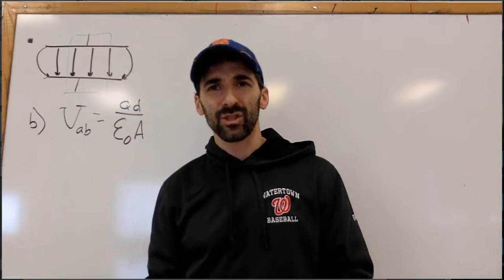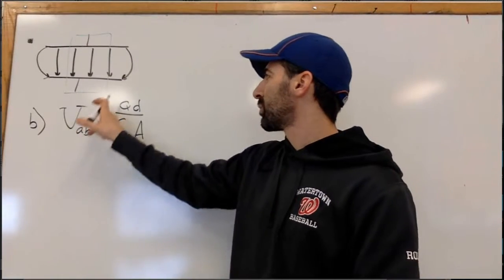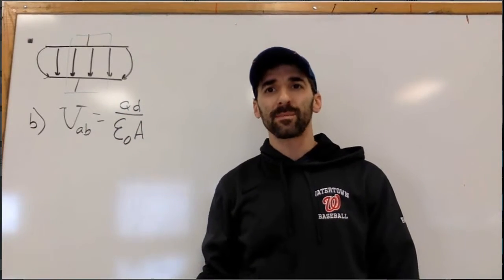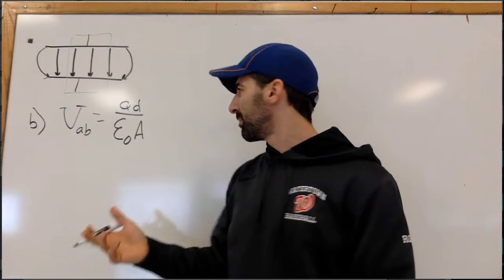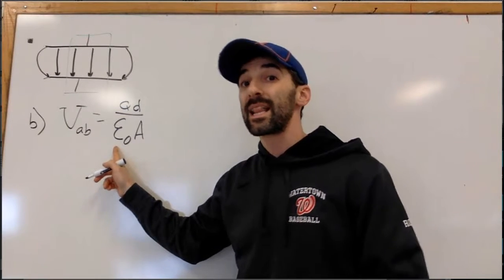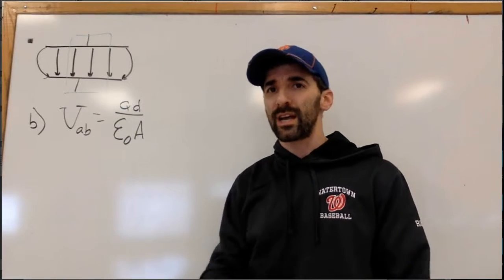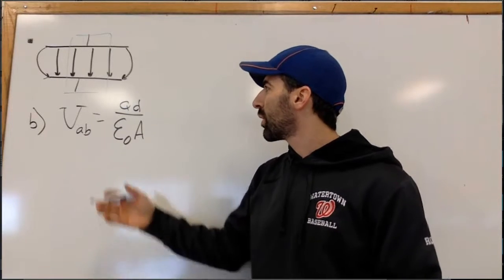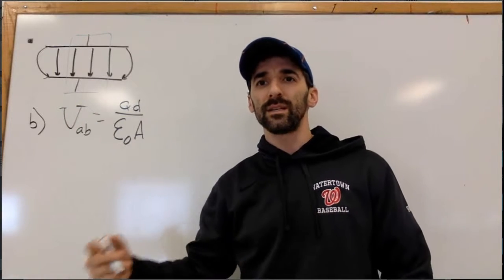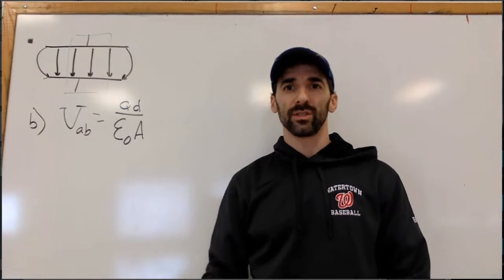Well, this is a little easier than part A. If I'm looking at V equals Q times D over epsilon 0 A, I do have some constants here. What are my constants? The area of my plate is not going to change. Epsilon 0 is just the permittivity of free space. That's a constant. And I'm assuming that Q, the charge, is also not going to change. So if I separate the plates, V should be directly proportional to D. If D increases, V increases.